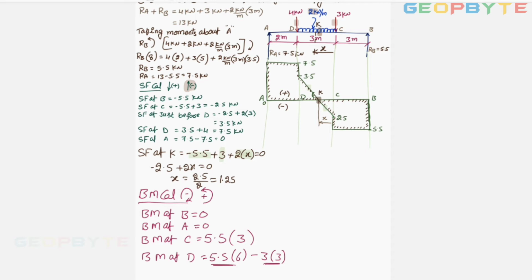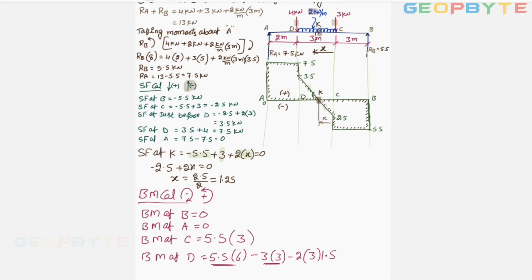This is the effect of the point load, this is the effect of the reaction, and this is the effect of the UDL. For the effect of the UDL, first convert the UDL to a point load by multiplying the UDL with the UDL distance. Assume that point load is acting at the middle of DC. From that middle point, you take the distance up to D, that is 3 by 2, 1.5. I have directly written 1.5.